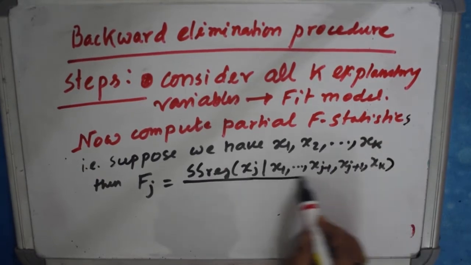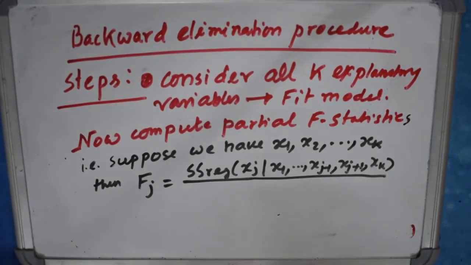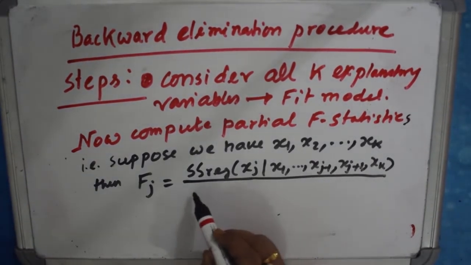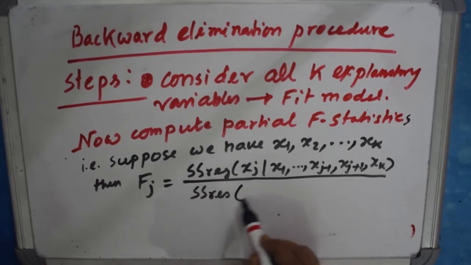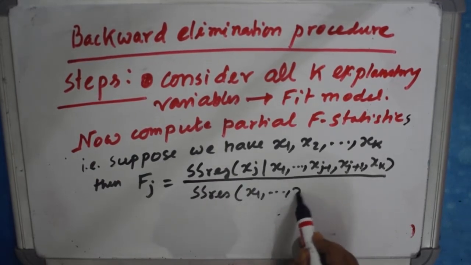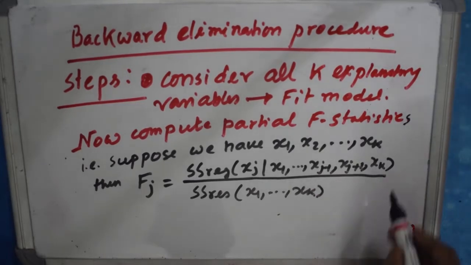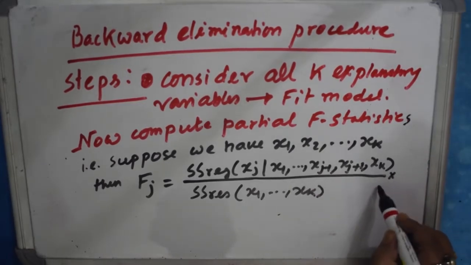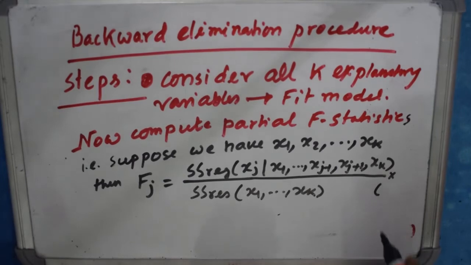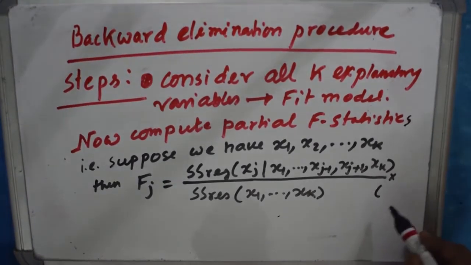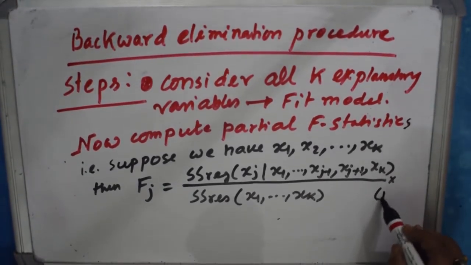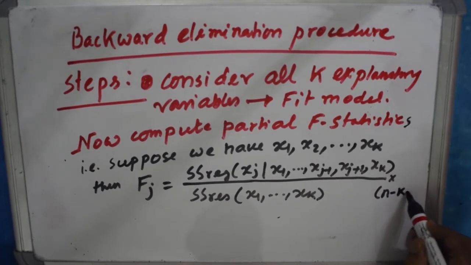That is, here we are interested only in the effect of xj. So divided by the sum of squares due to residual over n minus k minus 1.